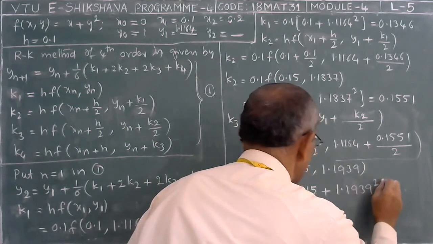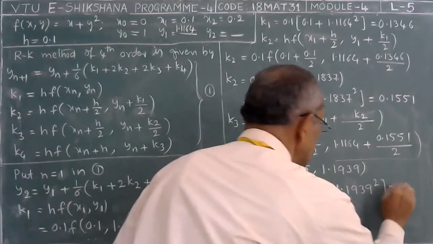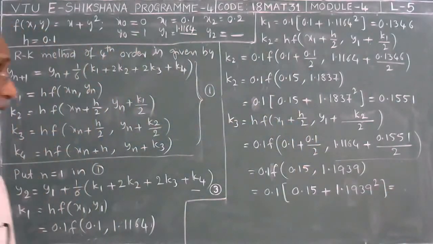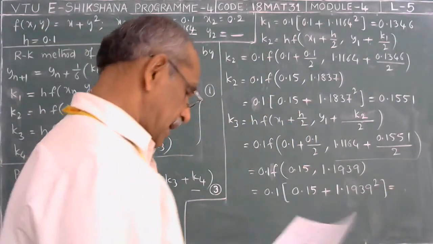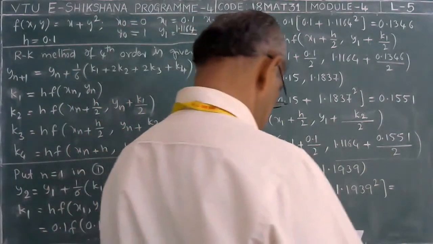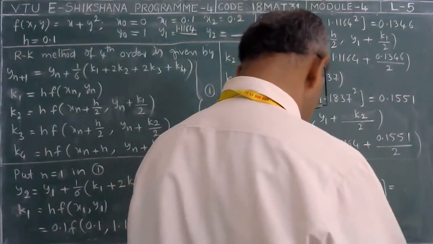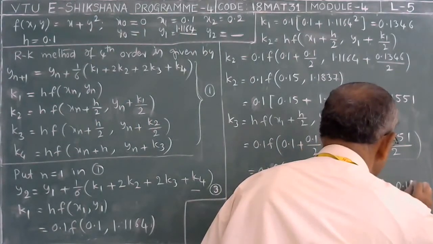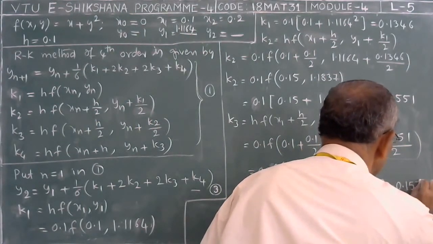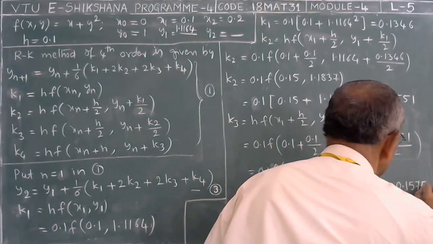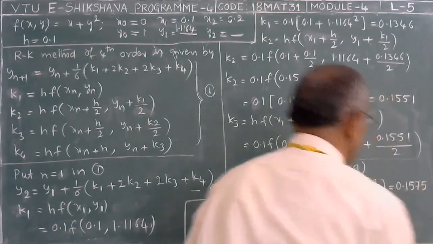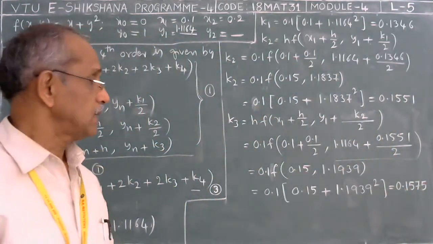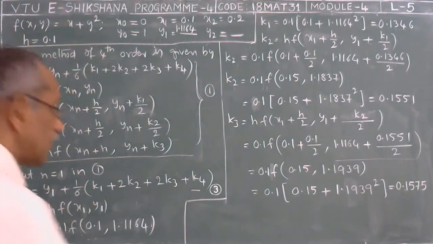If you compute carefully using a calculator, you get K3 is equal to 0.1575.